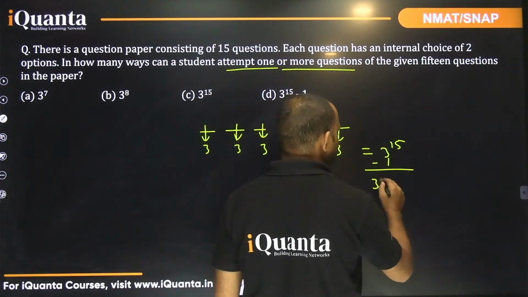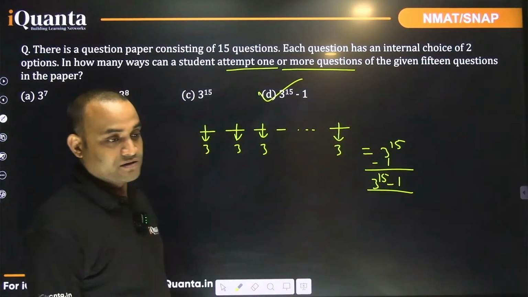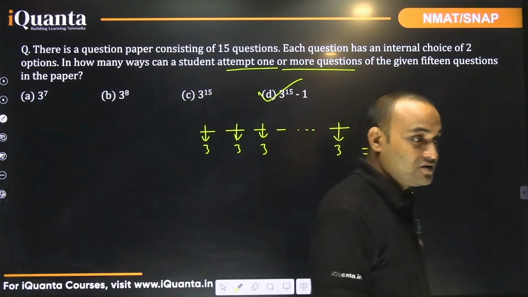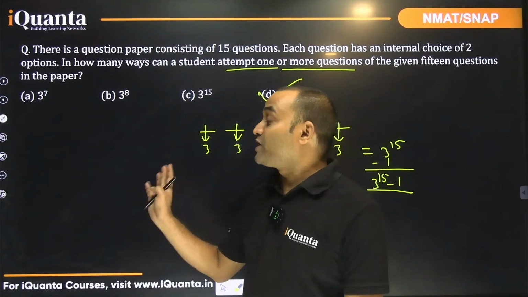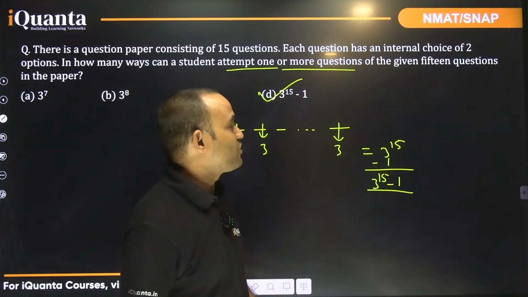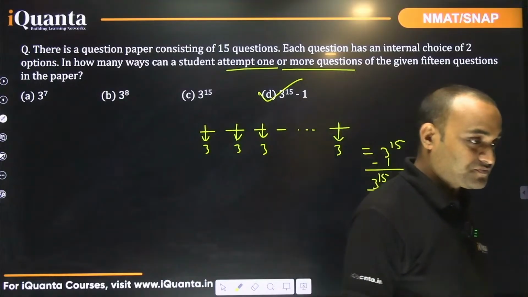We are getting 3 to the power 15 minus 1, which is option D. This is a really good question, although options could have been better, like 2 to the power 15 minus 1 could have been one of the options.